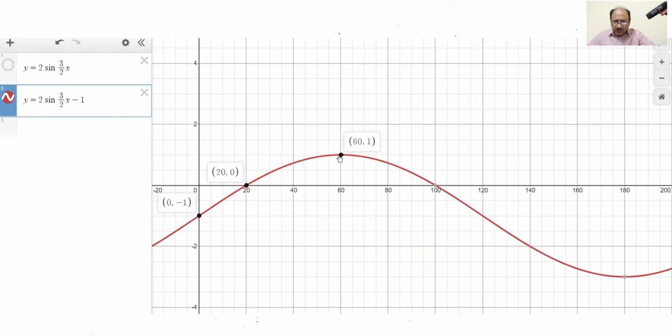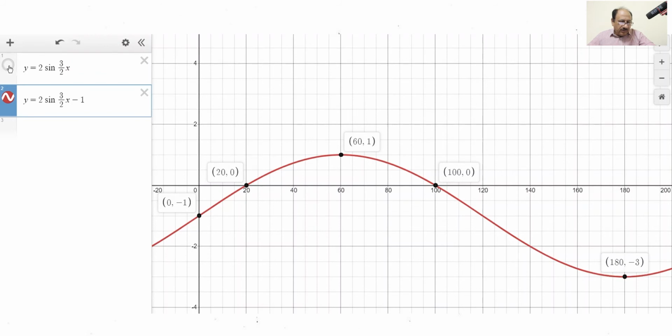So 60 and 1, and 100 and 0, and you can check even these values, 120 and minus 1, and this is like 180 and minus 3. Up to 180 is our required graph. So we have drawn this one perfectly. Everything is perfectly shaped.